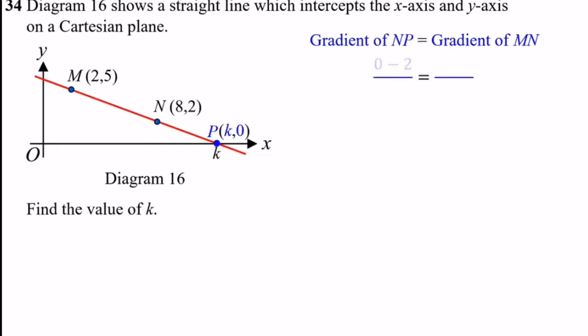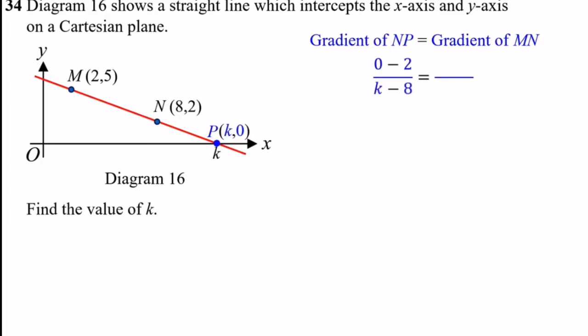Then k minus 8, right? Because when you take the 0 for the y first, you must take the k first to minus the 8. The sequence must be correct: y2 minus y1 over x2 minus x1. So following the formula, the gradient is k minus 8.